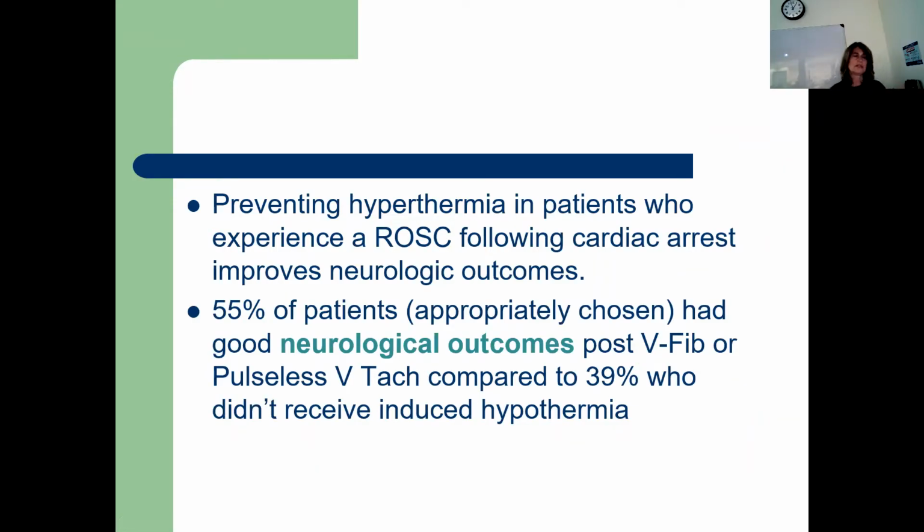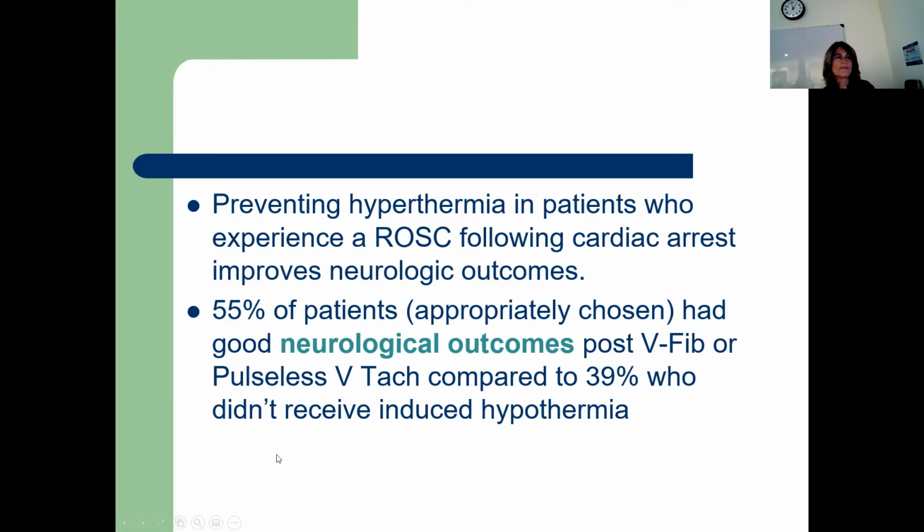And then it repeats, preventing hyperthermia in patients who experience a ROSC. Do you know what that stands for? Excellent. Return of spontaneous circulation. Following cardiac arrest improves neurologic outcomes.